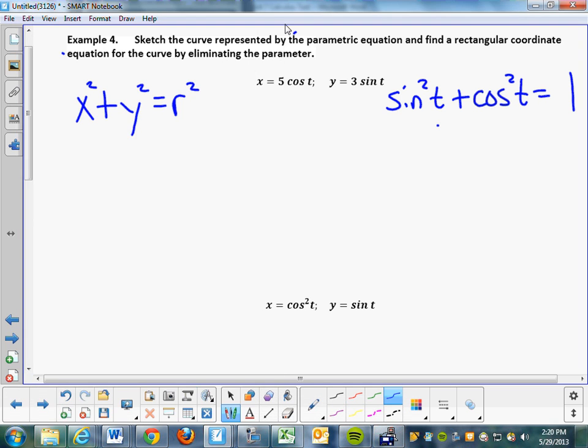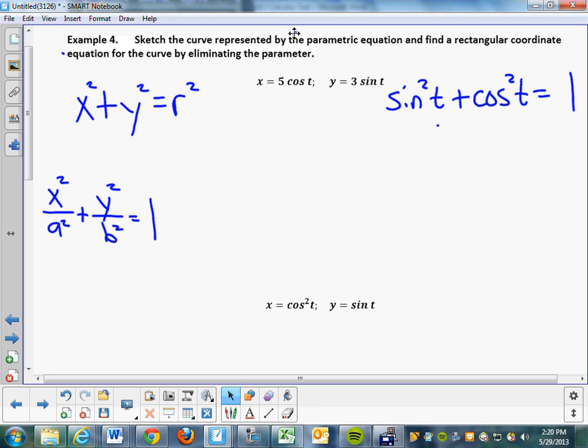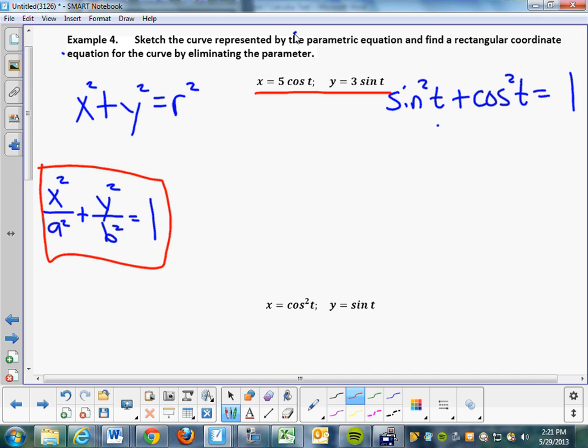And if you remember, an ellipse has an equation that looks like this: x squared over a squared plus y squared over b squared is equal to 1. So we want to make this parametric equation look like this. And we can do that.